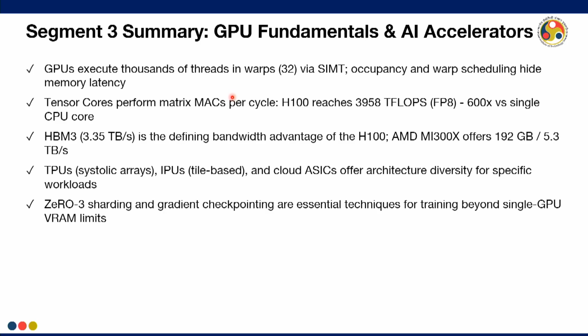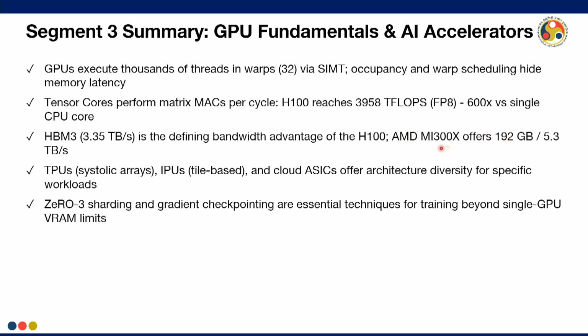In summary, we talked about GPUs, but GPUs can be used in different ways. There are different data types and different precisions that you can use. HBM3, the on-chip high bandwidth memory that we use in the Hopper series, has around 3 terabytes per second of bandwidth, which is the key factor defining its advantage over other architectures.